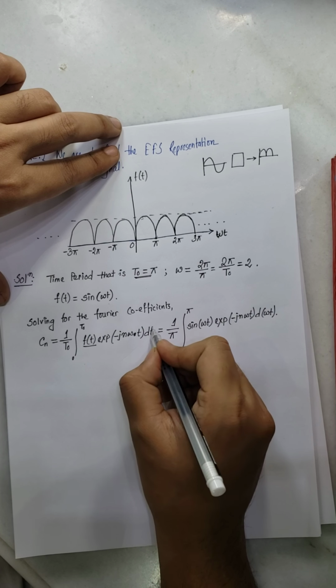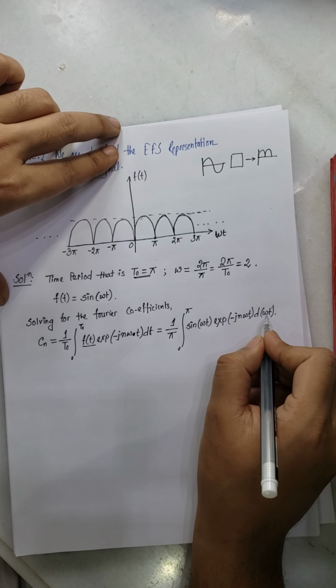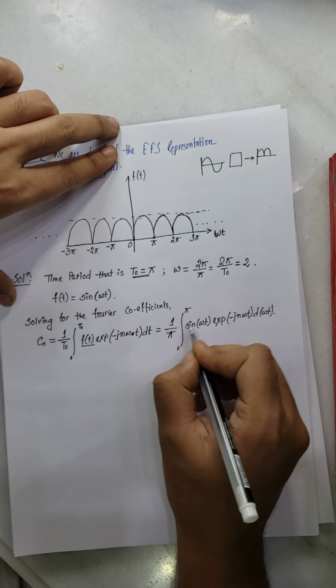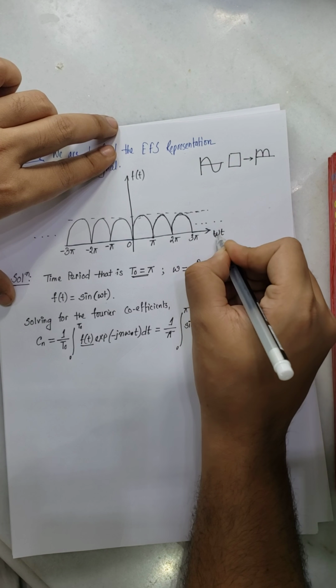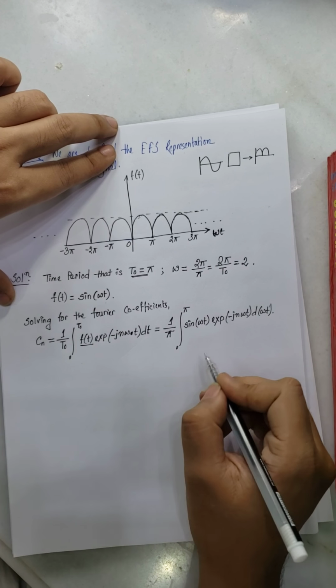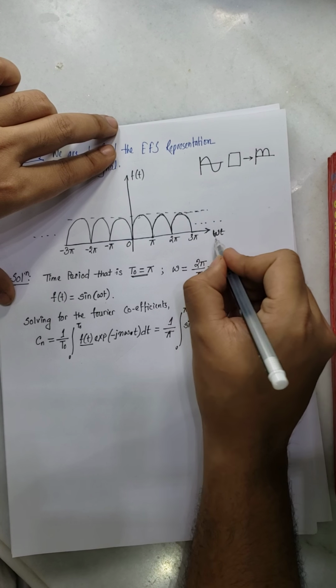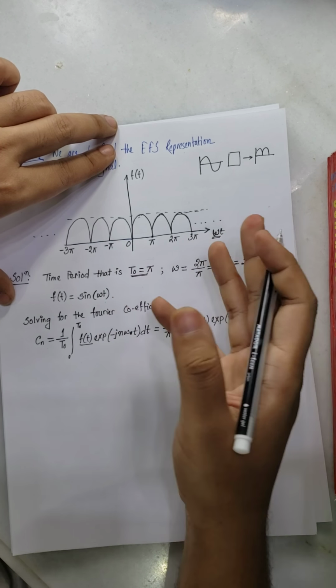The differential changed from d of t to d of omega t because now, since on the x-axis we have omega t as our abscissa, we shall be differentiating with respect to omega t rather than t.